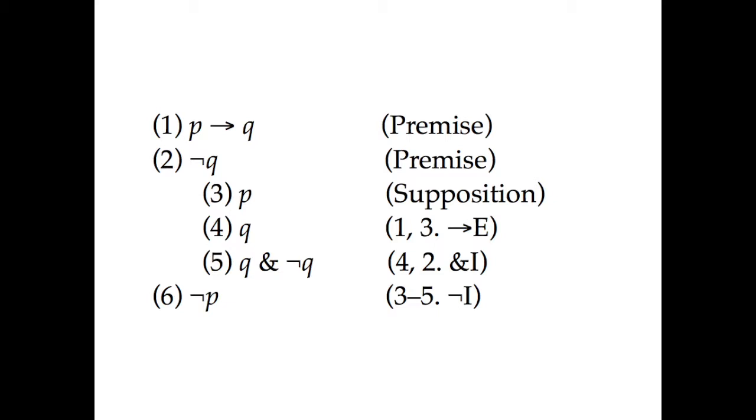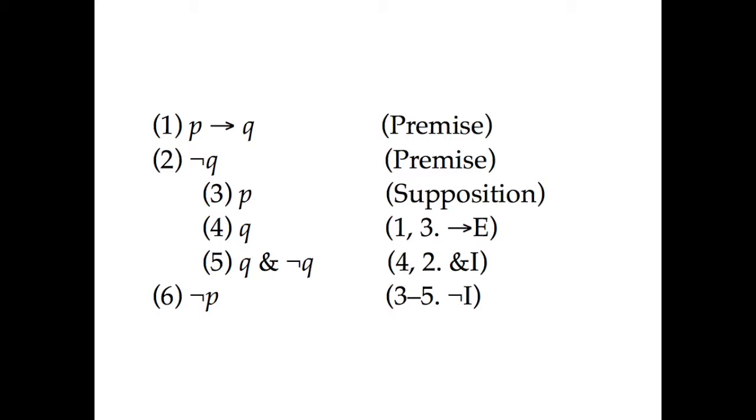And now notice that I've indented line 3. I've moved line 3 to the right. The reason I've done this is that 3 is something that we are just supposing to be true. It's not something that we've proven. It's not a premise. We're just going to pretend for a moment that it's true.